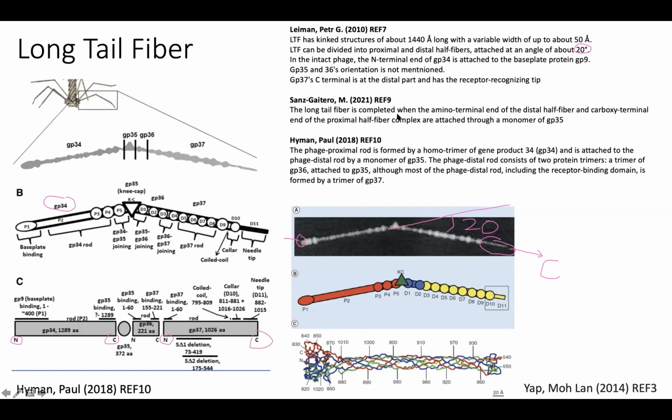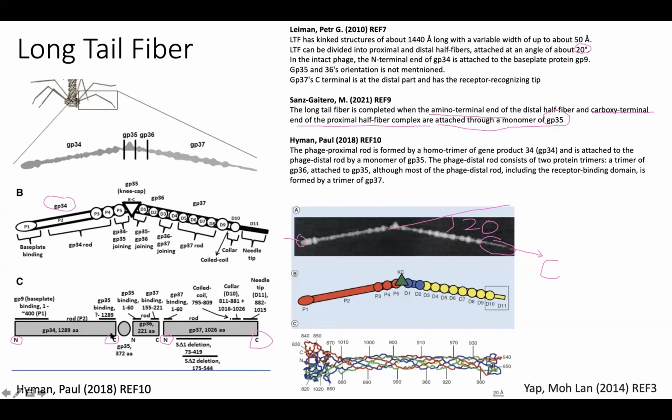The long tail fiber is completed when the amino terminal end of the distal half fiber, amino end, that means, and the carboxyl terminal end of the proximal half fiber complexes are attached through a monomer of 35.